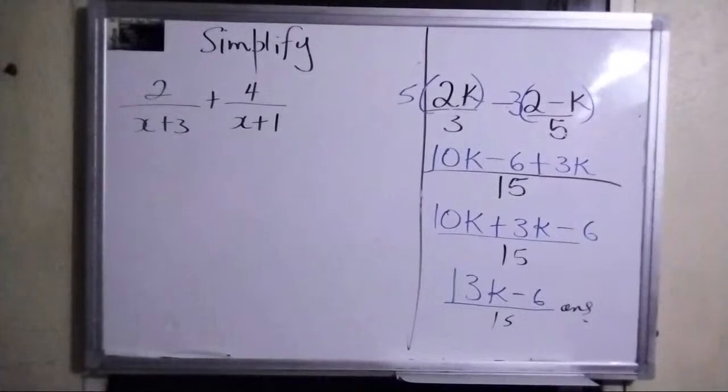So go ahead and attempt that one, guys. Let's go. So it's 2 over x plus 3 plus 4 over x plus 1.